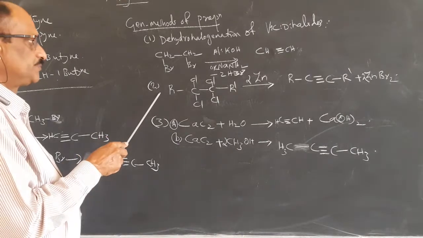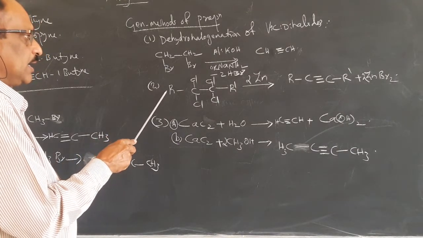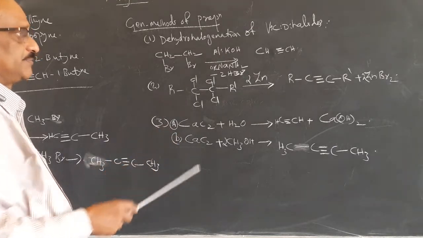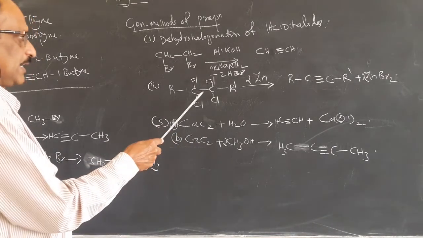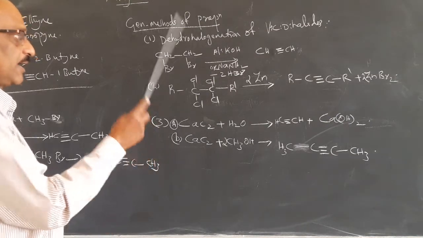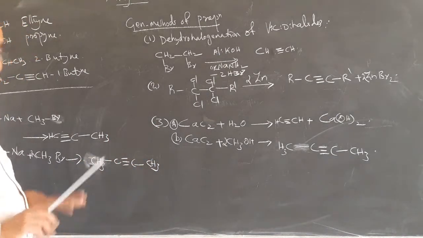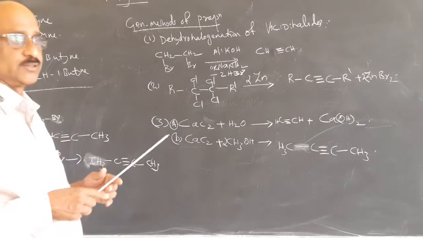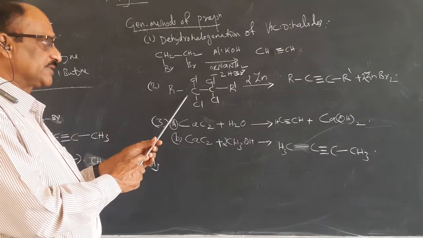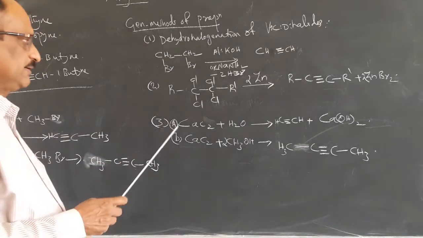Another method is, here you have to take one tetrahalide, and this is dehalogenation. Halogen atoms should be removed from the tetrahalide. The first is a dihalide, the second one is a tetrahalide.